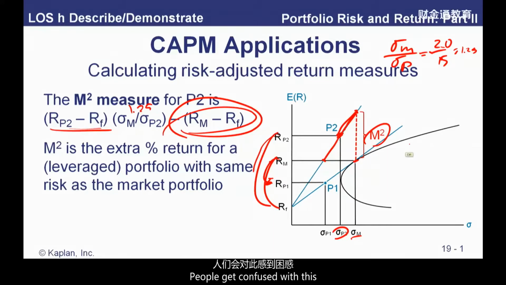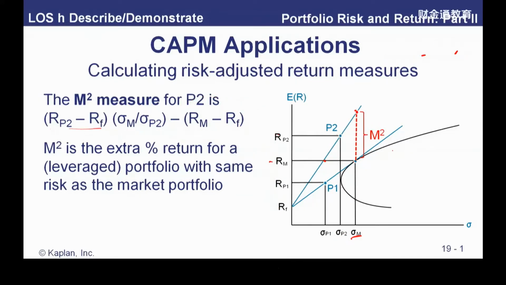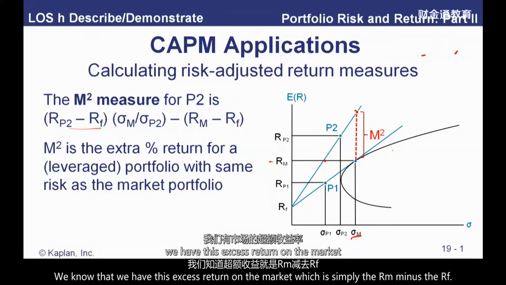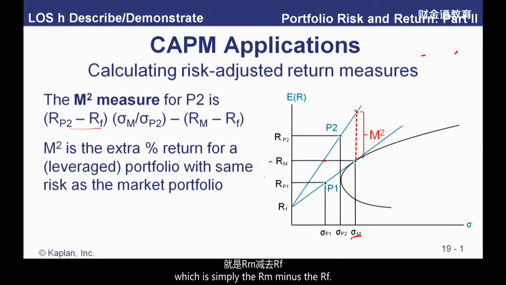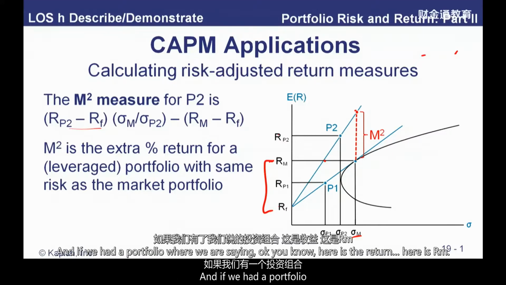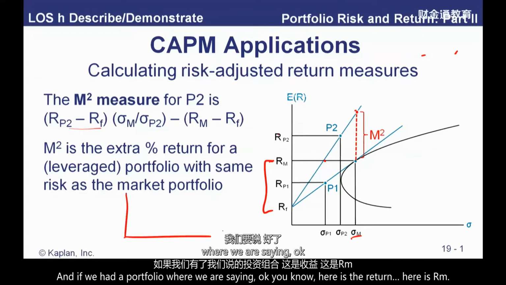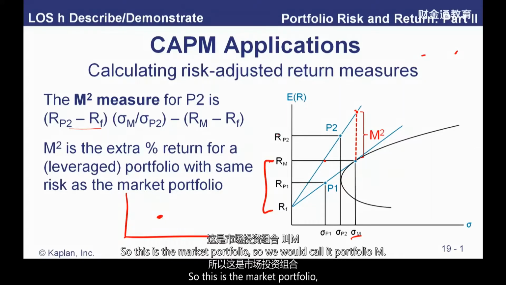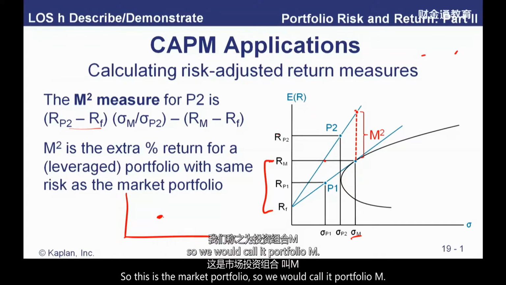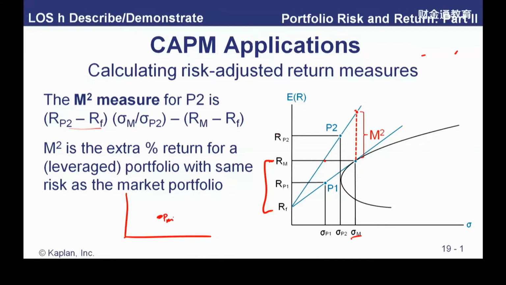Now, people get confused with this, so let me make sure that we're on the same page really quickly. We know that we have this excess return on the market, which is simply the RM minus the RF, okay? And if we had a portfolio where we're saying, okay, here is the return, here is RM, right? So this is the market portfolio, so we'll call it portfolio M, right?